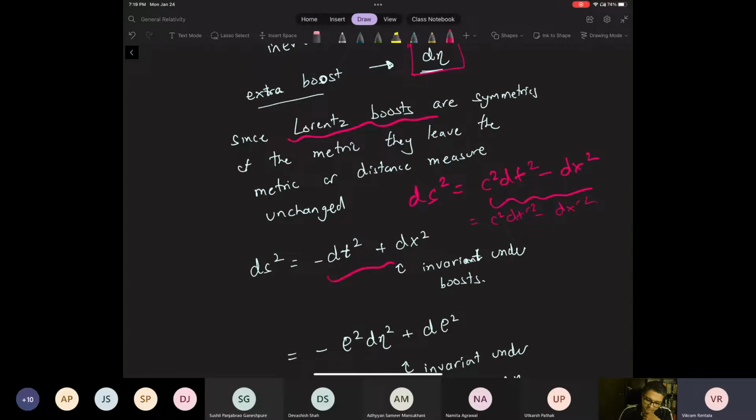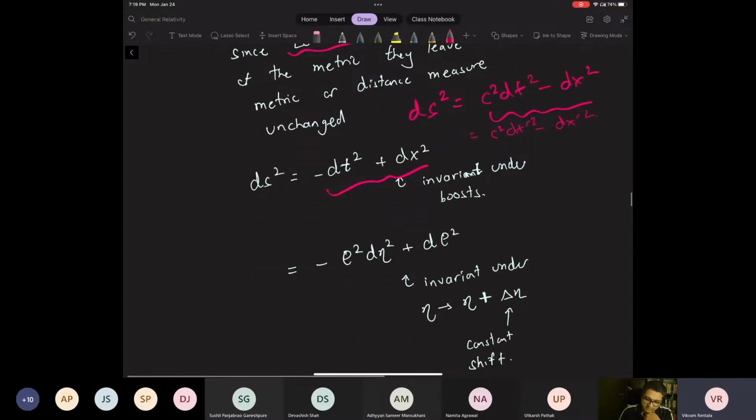So this is invariant under Lorentz boosts. What that means is that if I write out the space-time interval in Rindler coordinates, which we've seen is minus rho squared d eta squared plus d rho squared, then it must be true that this space-time interval is invariant under a translation.